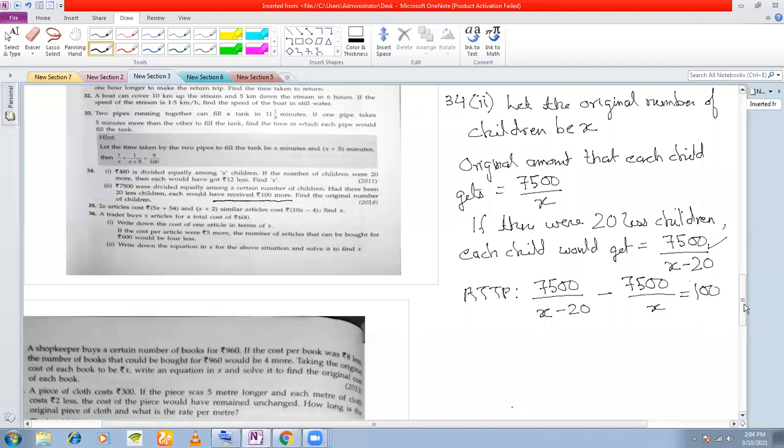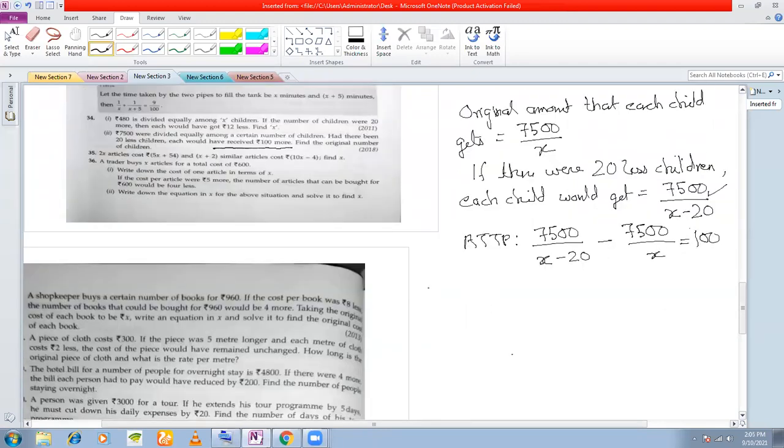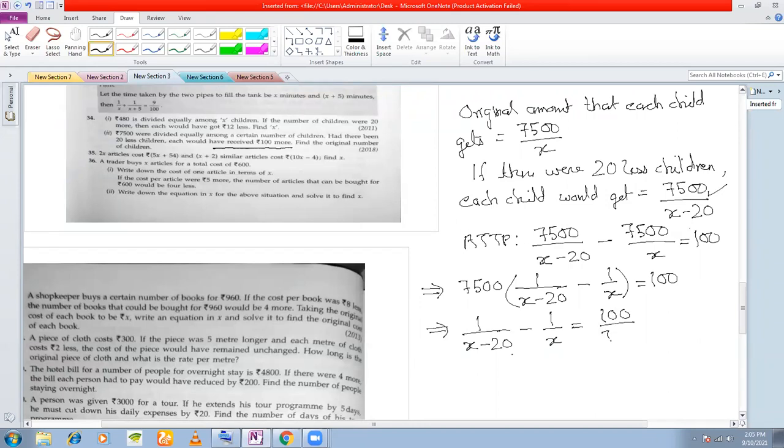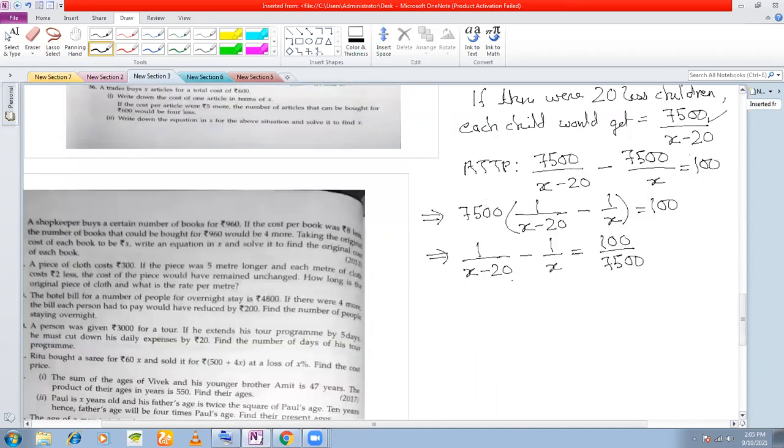Once you have formed an equation, now everything becomes easy, especially if the options are given. So we'll do the normal traditional way. You take 7,500 common. And now you divide both sides by 7,500. Cancel two zeros.